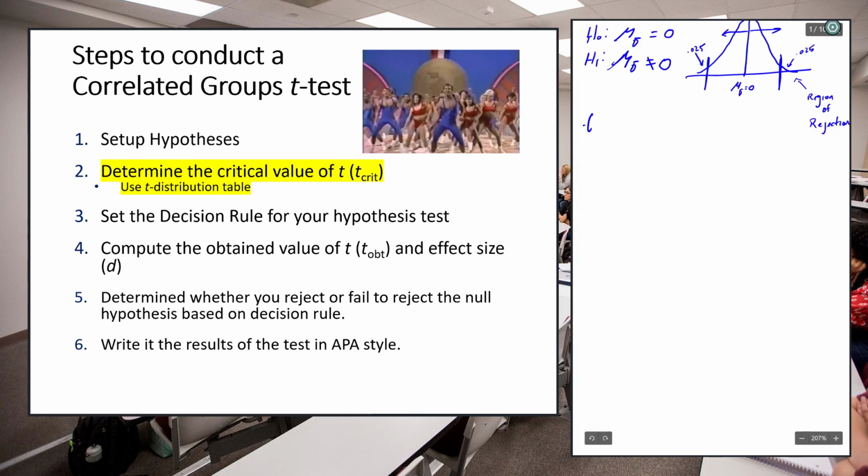So t crit is equal to plus or minus 2.093. So this line here is going to be minus 2.093, and this line is going to be plus 2.093.